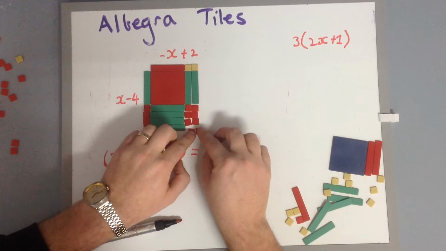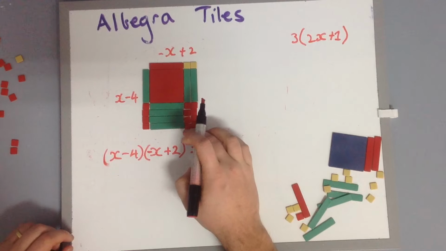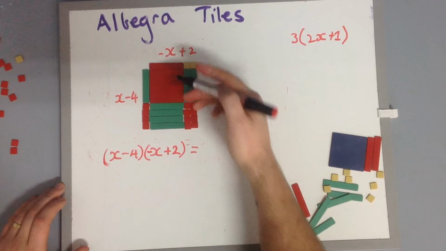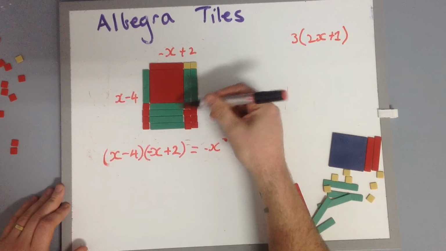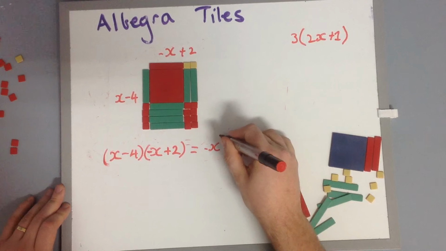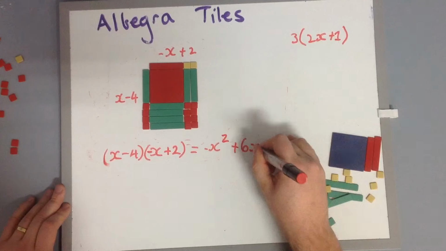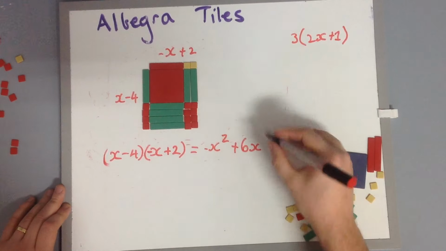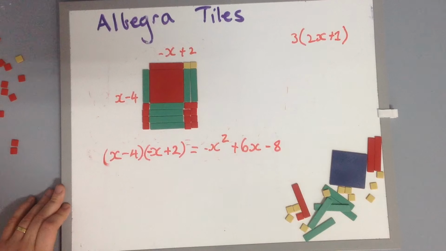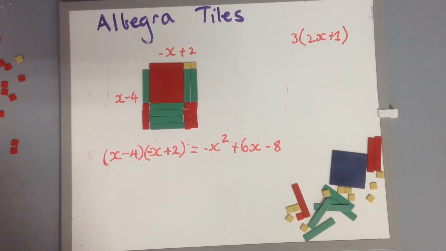We need to fill out our square, and look at what we've got now. I've got a negative x squared, 1, 2, 3, 4, 5, 6 positive x's, and 1, 2, 3, 4, 5, 6, 7, 8 negative 1s. So it looks something like that.